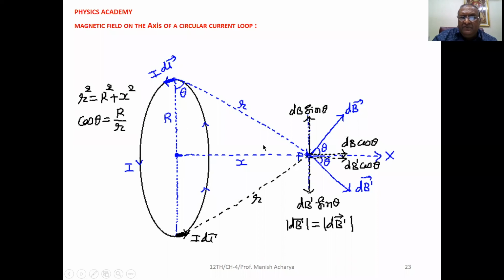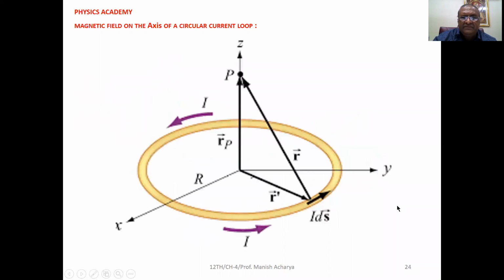Now, from the figure, as per Pythagoras theorem, small r square is capital R square plus x square, and cos theta, that is adjacent, meaning capital R, upon hypotenuse, that is small r. Keep this in your mind.